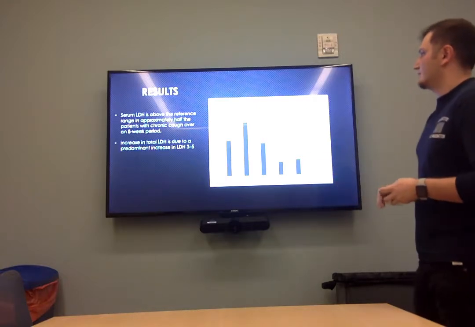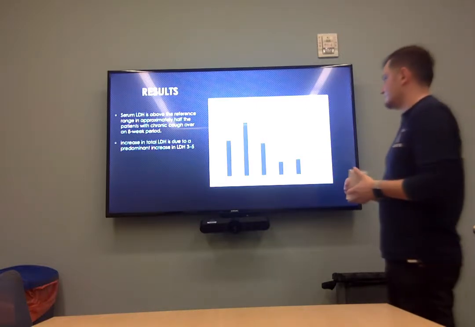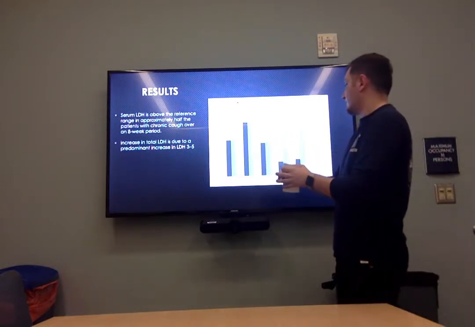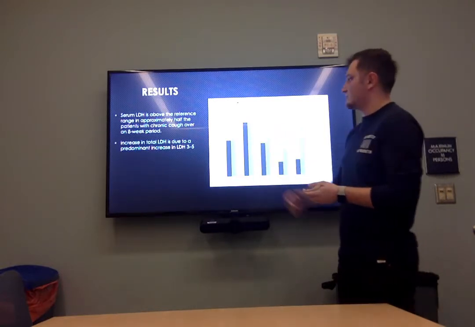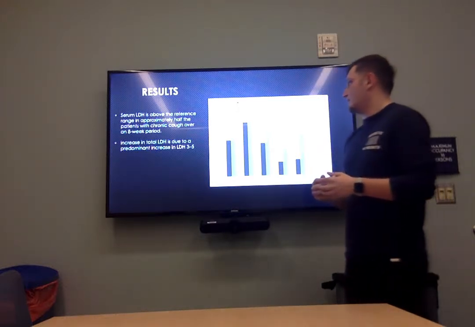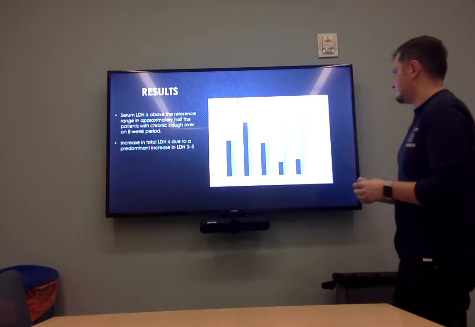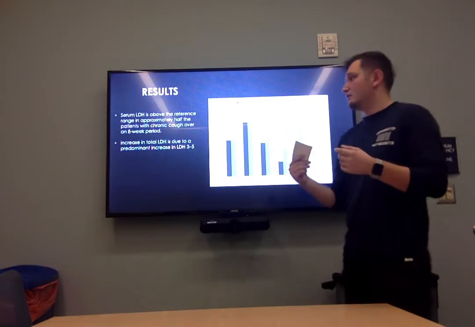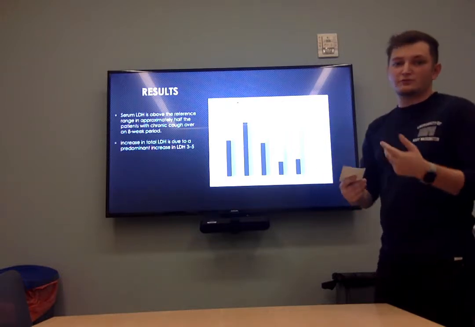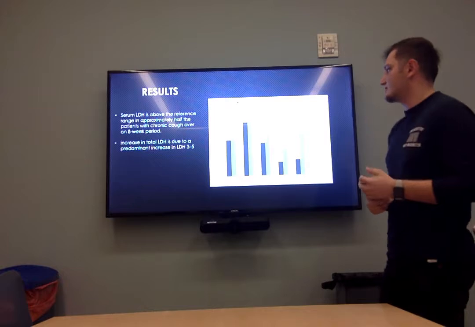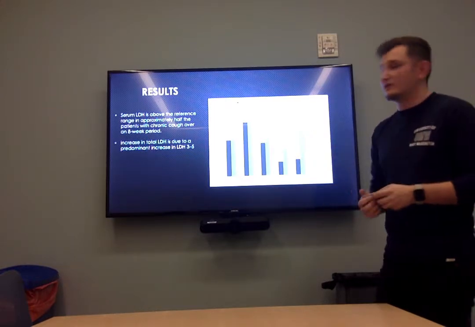Here we have a graph showing the different isoenzymes on the x-axis, and on the y-axis you have the LDH in units per liter. They found that there was an increase in the isoenzymes LDH 3 through 5 in almost or more than half of the patients that they recorded after an 8-week period.